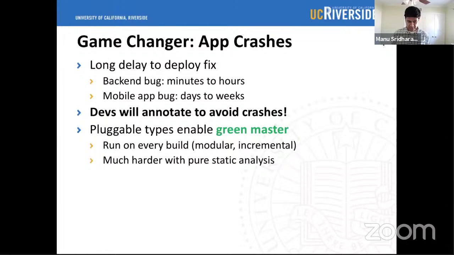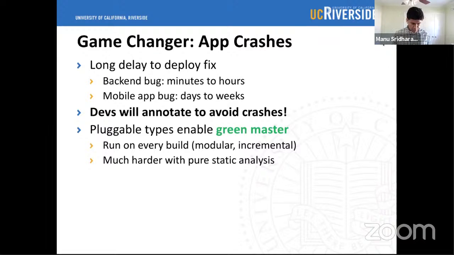And we did actually get to that point for more than one type-based checker at Uber. So you can run these things on every build. They run fast because they're modular and incremental very naturally. And in my experience, achieving this level of checking with pure static analysis is very difficult.